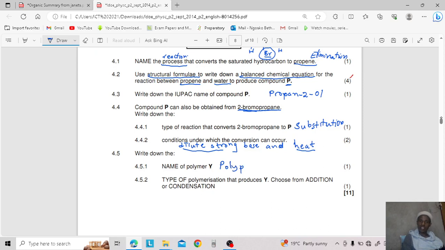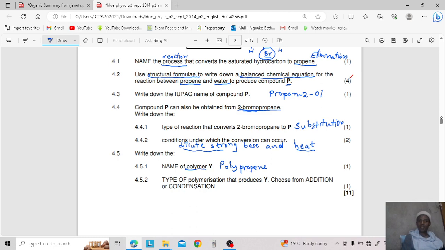That structure must essentially be propene, so we're going to have polypropene. The name of the monomer structure is propene. Once we say polymer, then we must have a lot of those structures of propene.